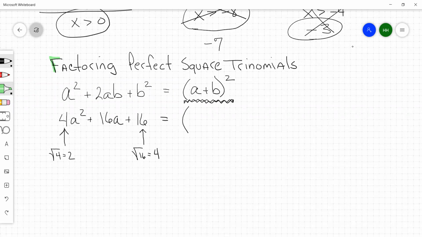So in this case, the factors of this trinomial would be the square root of 4, which is 2a. Since everything in here is plus, this would be plus. And the square root of the last term would go right here. So the factors of 4a squared plus 16a plus 16 are 2a plus 4 squared.